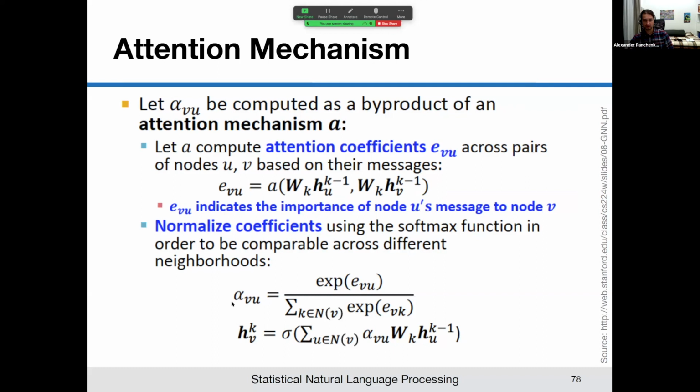Then the attention value will be proportional to this unbounded value, so it can be just normalized using the usual softmax.